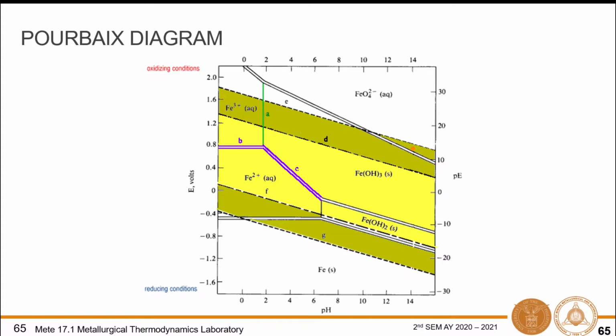Pourbaix diagrams are typically diagrams that show you the stability of aqueous electrochemical systems. They are usually known as your EH-pH diagram because on the y-axis you have your EH, or the electrochemical potential.